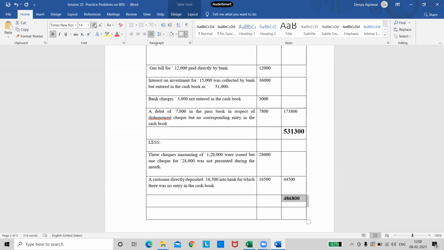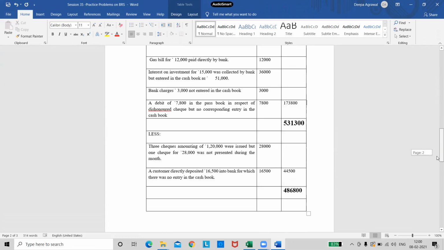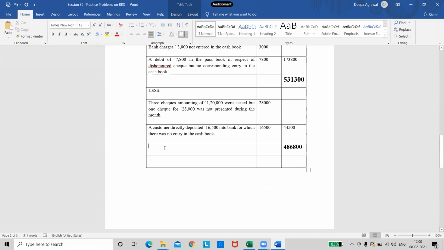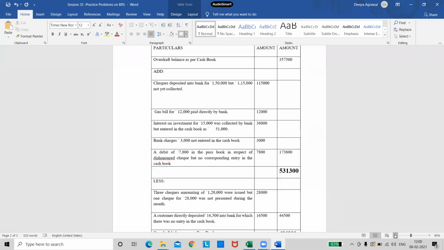So what will my answer be called as? See, what did I start with? I have started with overdraft as per cash book. So now my answer will be called as overdraft balance as per passbook. Yes, so that is the answer. Is it clear? Anyone has a doubt in this?